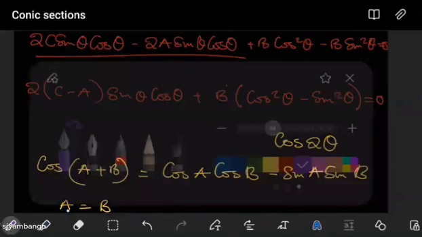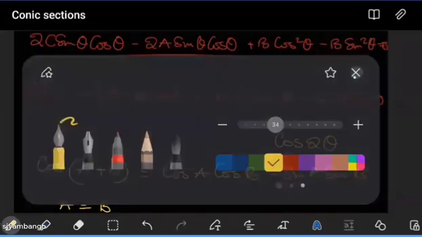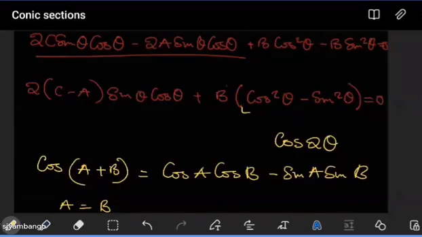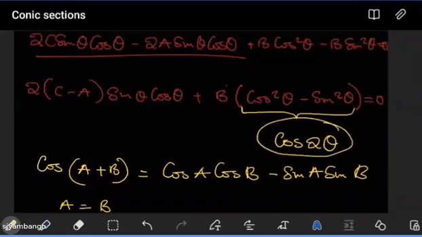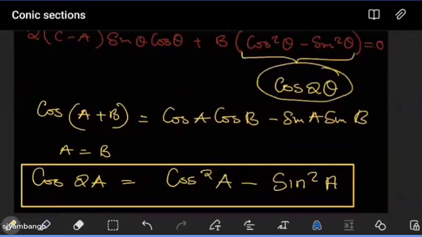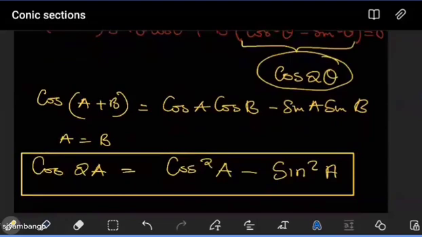Okay. So the observation here was you having to recall that this is the same as cos 2 theta. So what I did was I just derived the identity so that you can easily relate to it. If you have cos A plus B by double angle identity, this is what you will have.